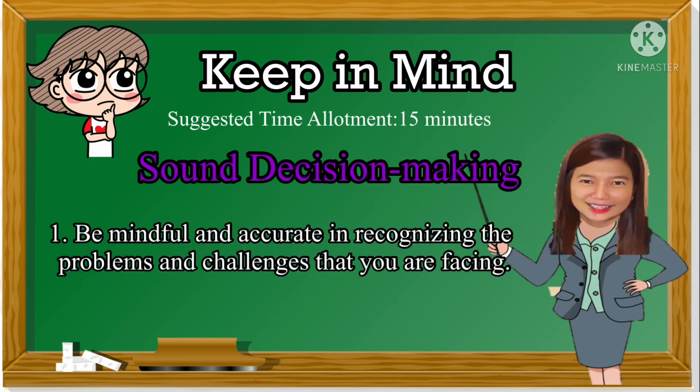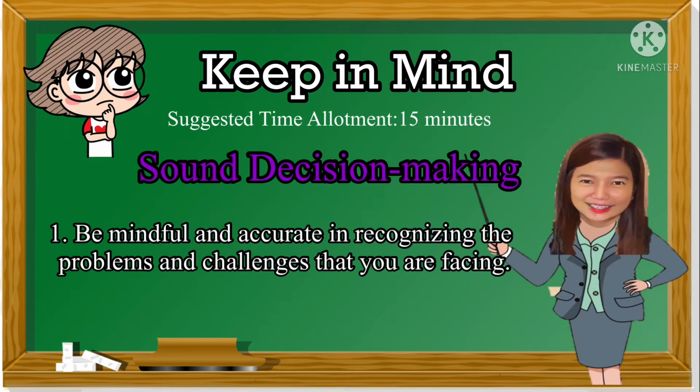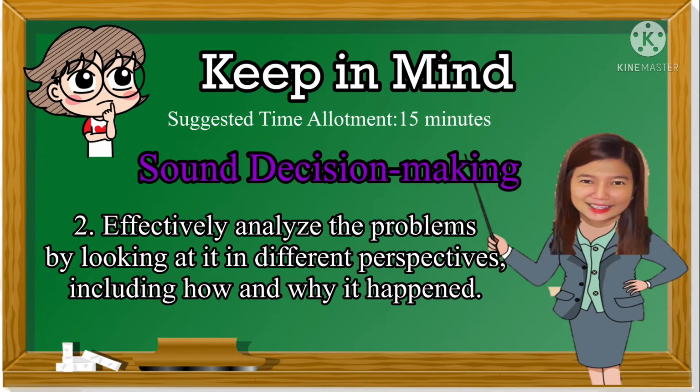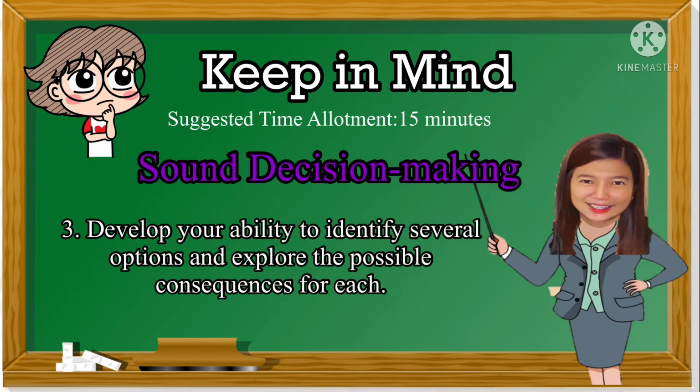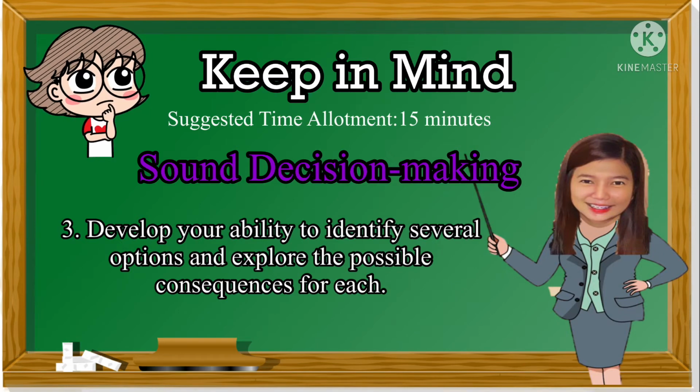Be mindful and accurate in recognizing the problems and challenges that you are facing. 2. Effectively analyze the problems by looking at it in different perspectives, including how and why it happened. 3. Develop your ability to identify several options and explore the possible consequences for each.